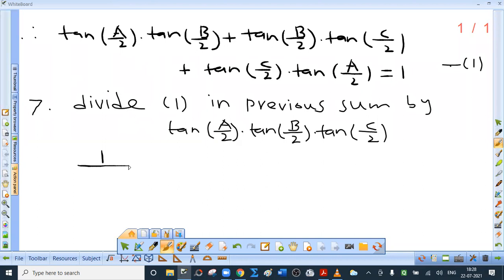First, you have to write tan A by 2 into tan B by 2 upon tan. And then in the next step, you have to say what remains here is tan C by 2. Right now.